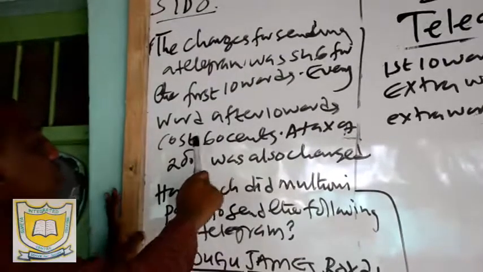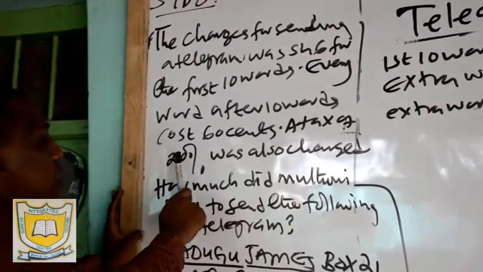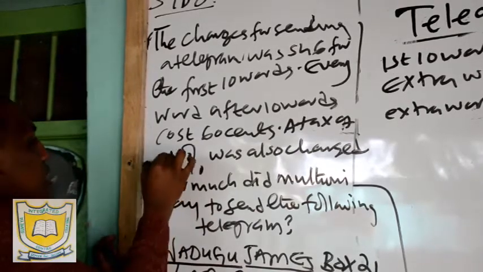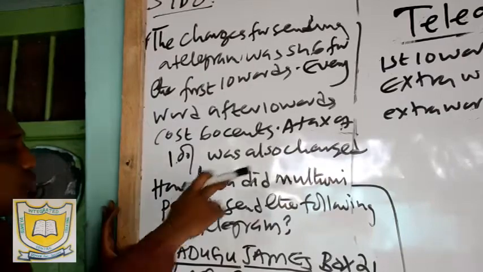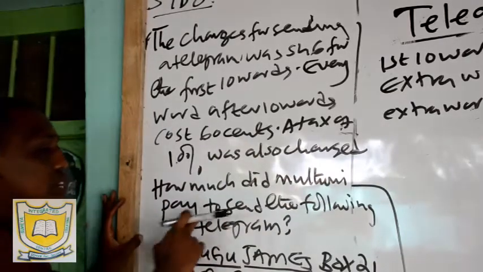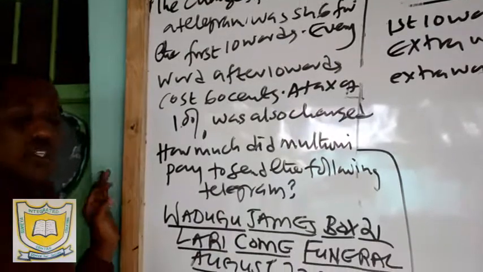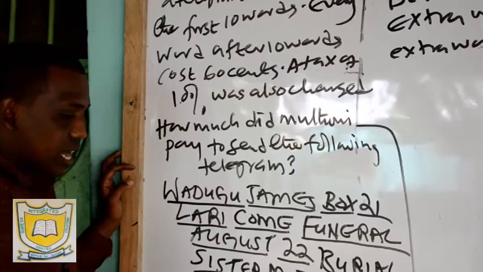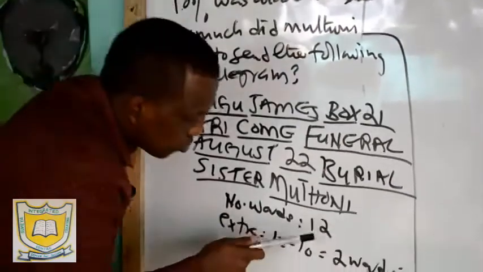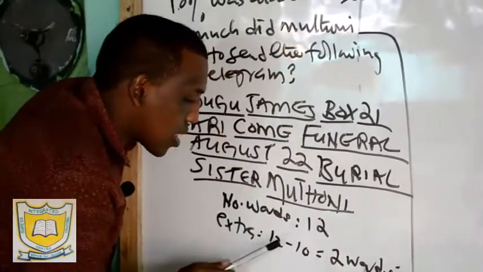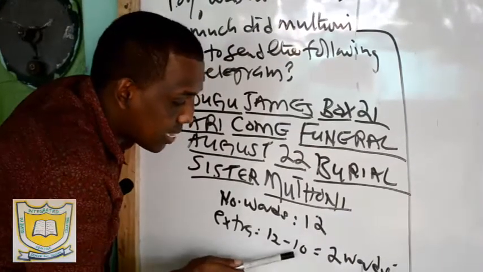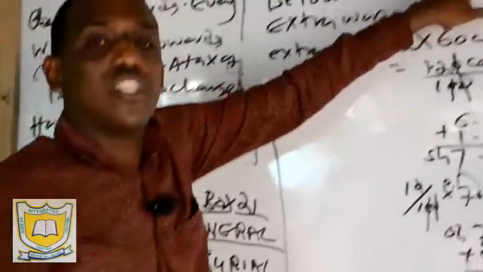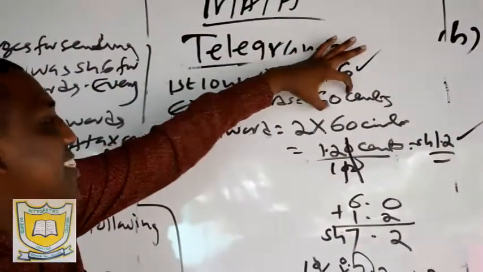I'm repeating. You are told the charges for sending a telegram was 6 shillings for the first 10 words. Every word after 10 words costs 60 cents. A tax of 10% was also charged. How much did Mudoni pay to send the following telegram? First thing you do, you count the number of words. Number of words, 12. Extra after 10, 2. Extra words is 12 minus 10, you get 2 words. The first 10 words, 6 shillings.